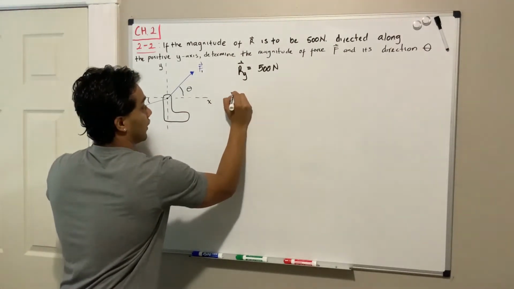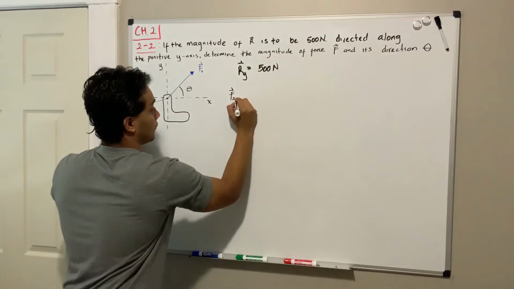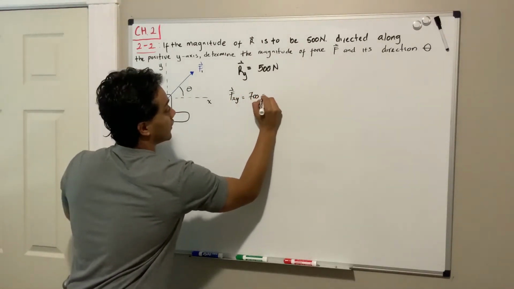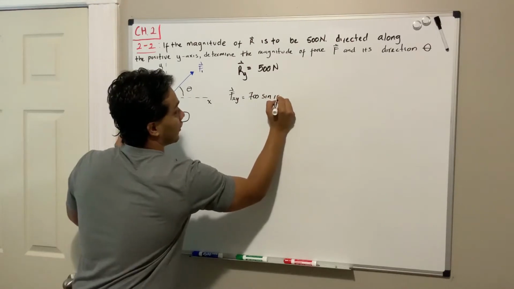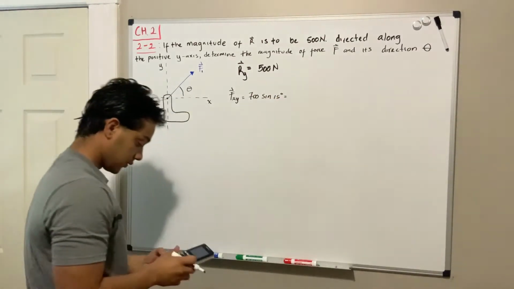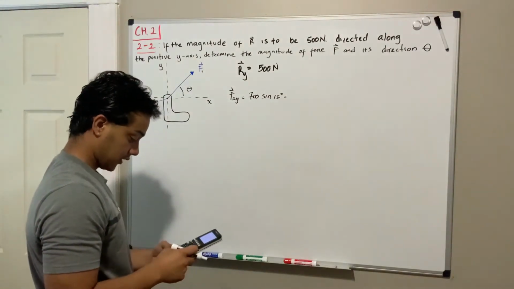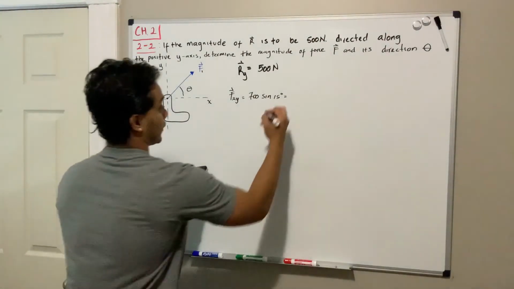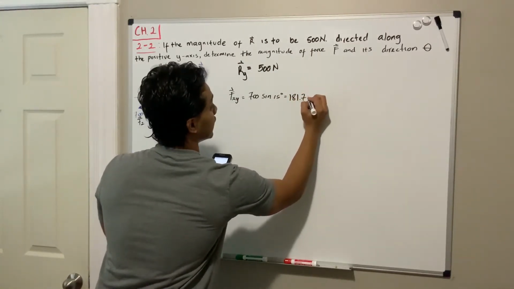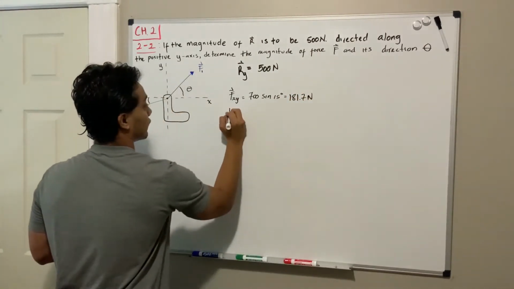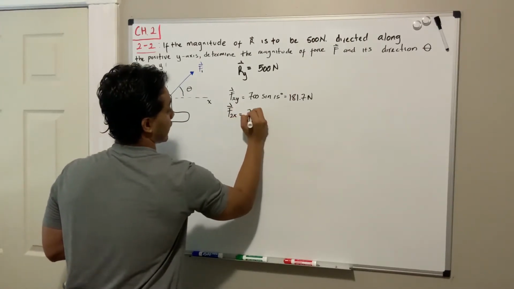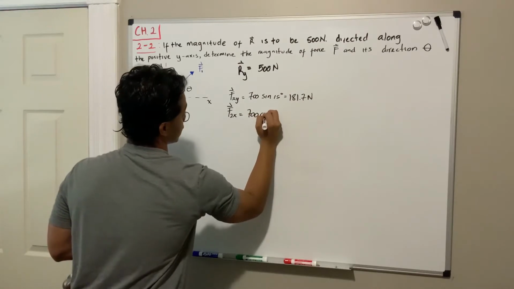F of 2y is going to be equal to 700 multiplied by sine of 15 degrees. Using our calculator, 700 sine of 15 degrees is 181.7 newtons.